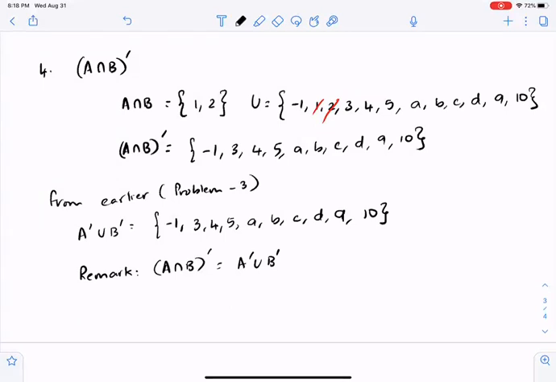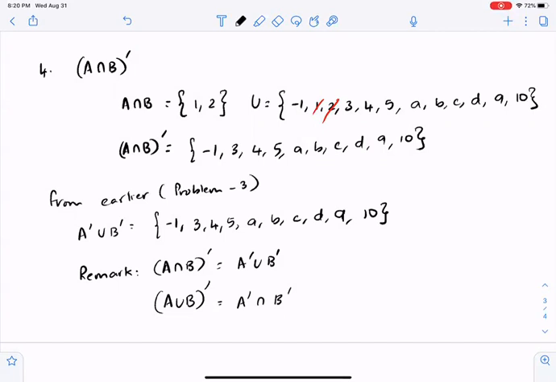If we know this remark, then it's just straightforward. If I use the same logic, what would A union B complement equal to? This would simply equal A complement intersect B complement.